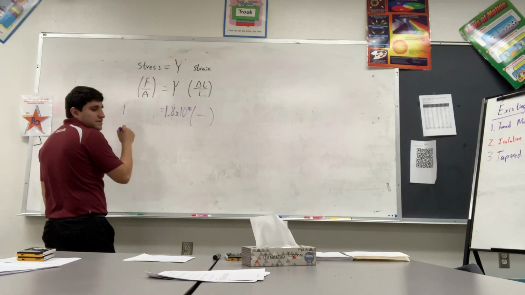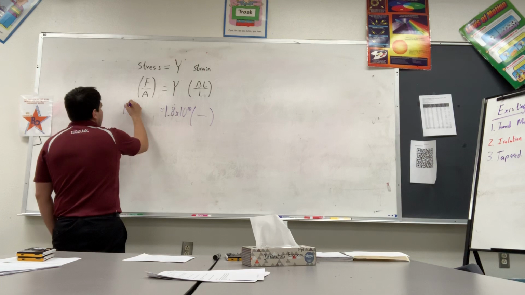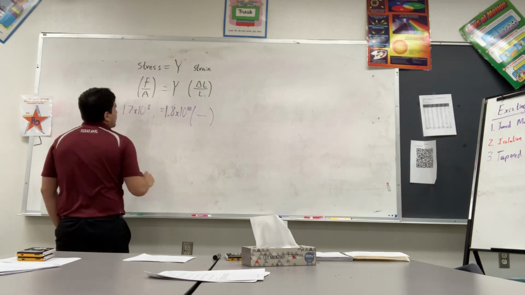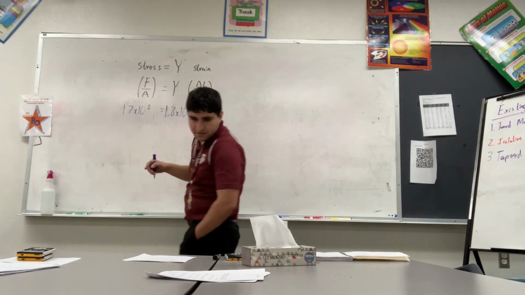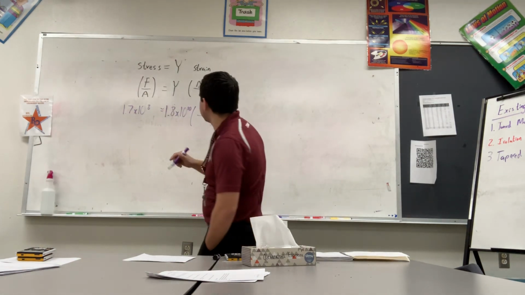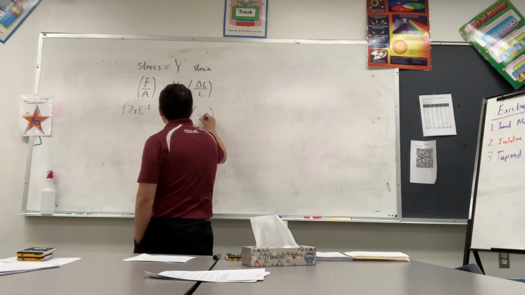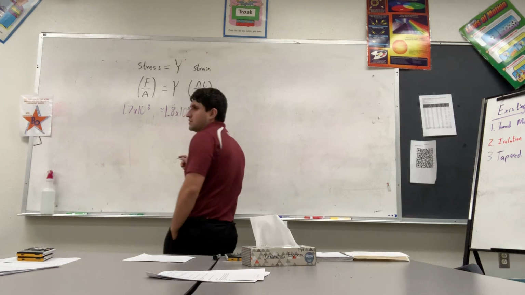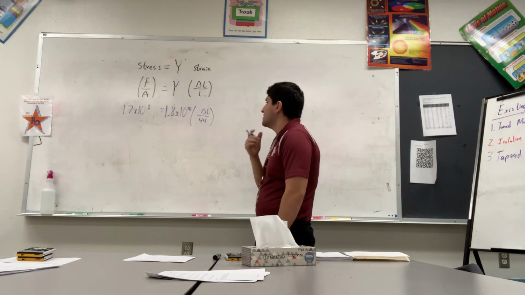So they tell us 1.7 times 10 to the 8. And then the bone is 0.44 meters long. That's going to be right here. And we're looking for how much it's going to compress.